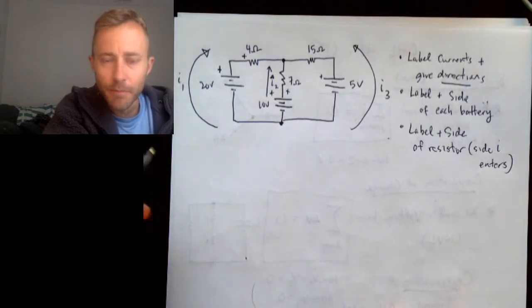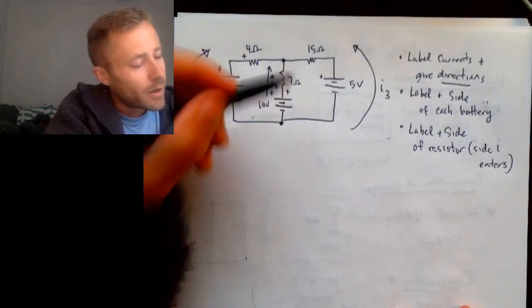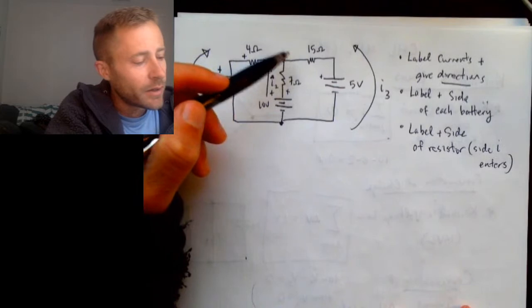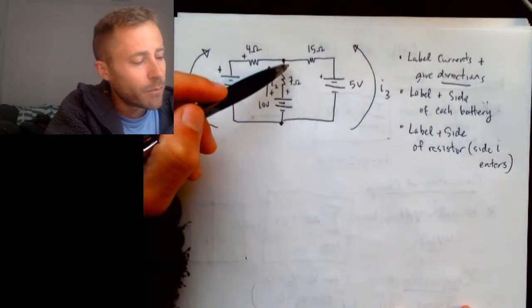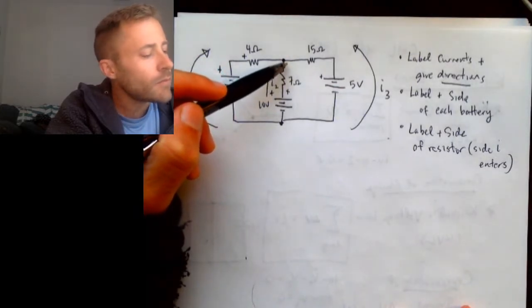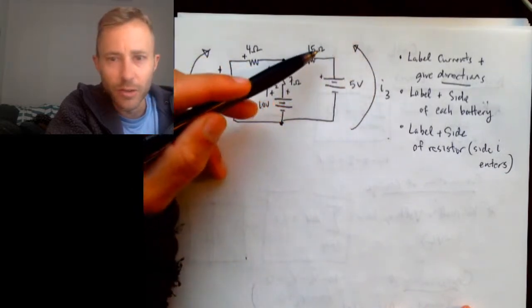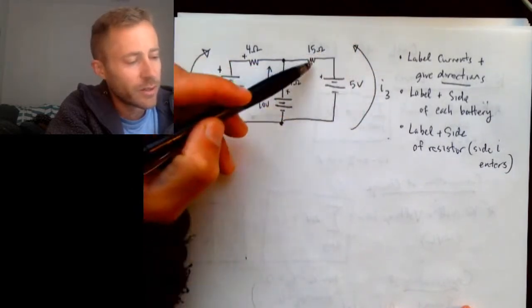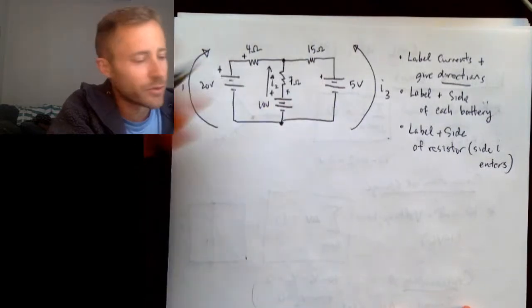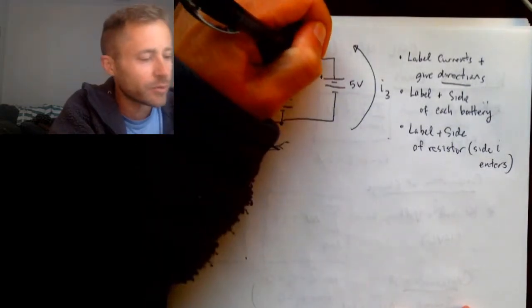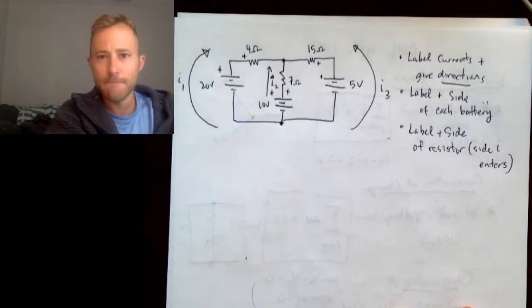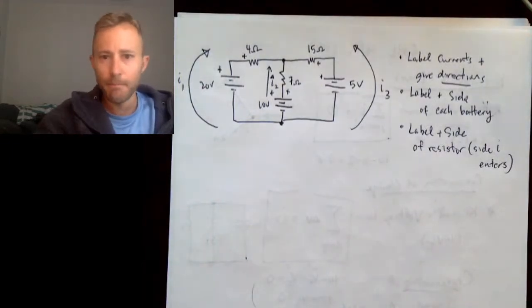All right, and then here I'm saying that the current is coming around this way, so the current is entering the right side of the 15 ohm resistor, so I know its positive side.